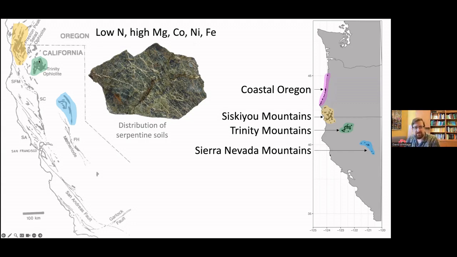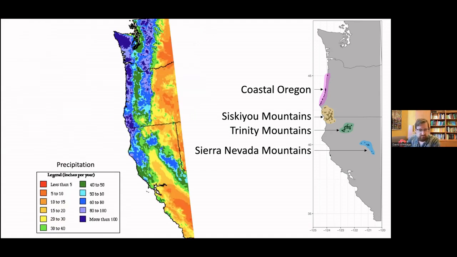And you can see that some of the major outcrops of serpentine soils correspond quite closely to the distribution of Darlingtonia, at least where it exists in the mountains. Along the coast, you do find some serpentine soils where you find Darlingtonia, but generally along the Oregon coast is quite different with regard to the soil types and the habitats in which they live.